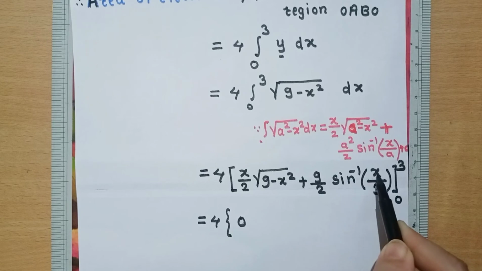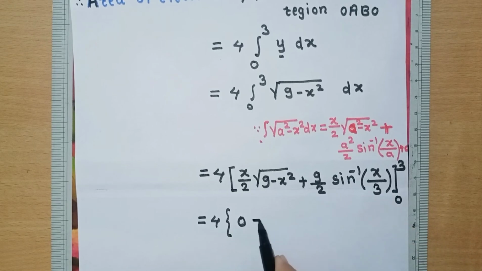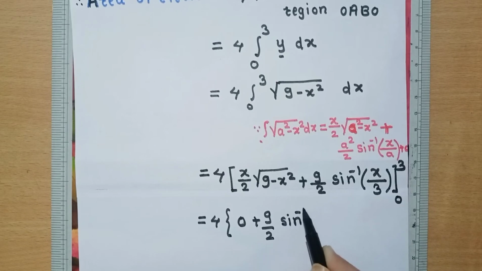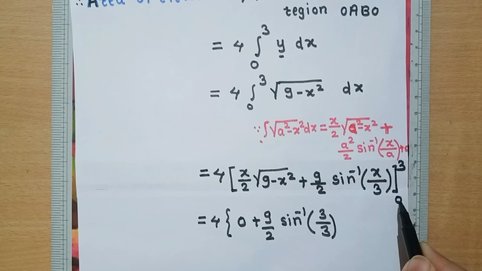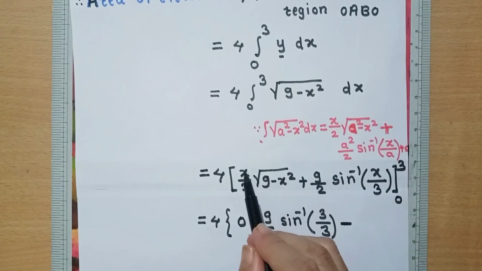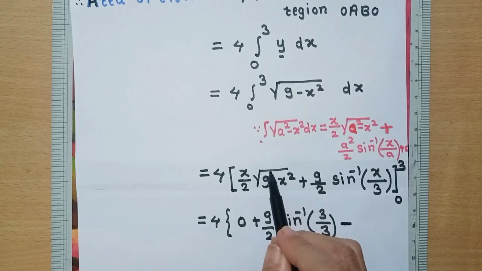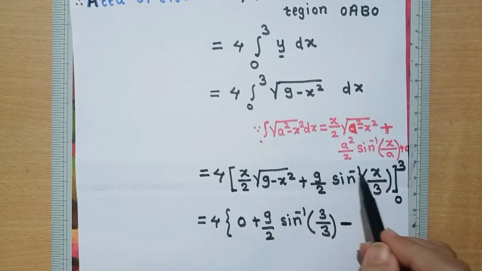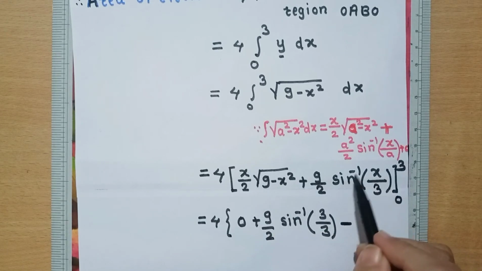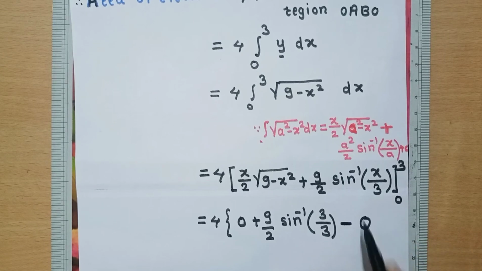And again in this term we will substitute 3, this 9 by 2 as it is, then sine inverse of 3 upon 3. And when we will substitute 0, first write down middle sign minus, so 0 upon 2, so this whole term is 0, and here sine inverse 0 upon 3, and sine inverse 0 is also 0, so simply we will write 0.